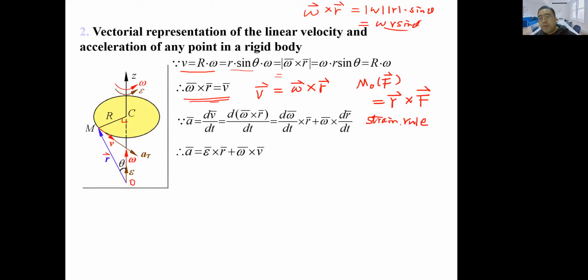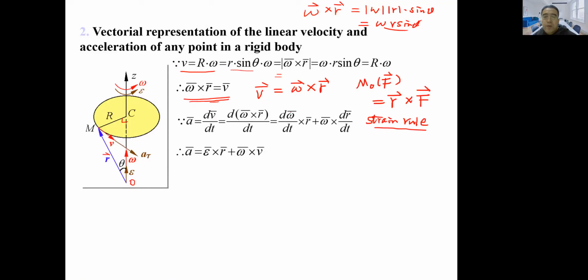It's also a mathematics knowledge point. So first we take d omega dt cross product r, keeping the other part original, and then plus the first part kept original cross product dr dt, right?